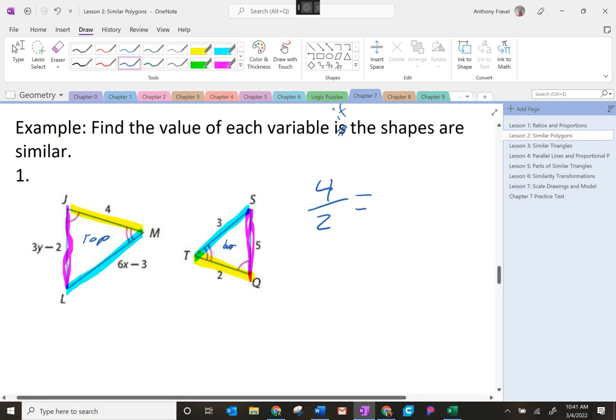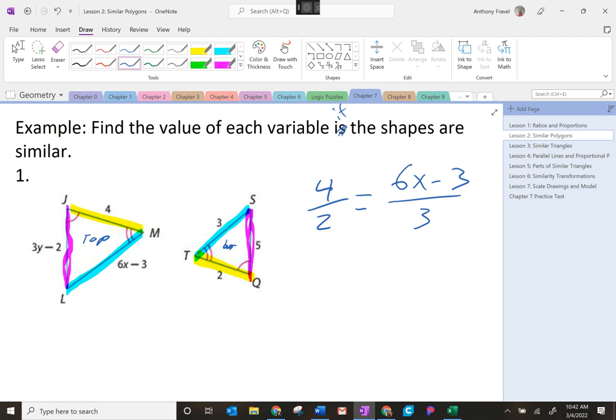I'm going to solve for my blue one first. Exact same way, 4 over 2, it's going to be the exact same constant of proportionality as those 2 blue ones. So I've got that 4 over 2, that's going to equal 6x minus 3 over 3. Again, my top number, my bottom number. Okay, I'm going to cross multiply.